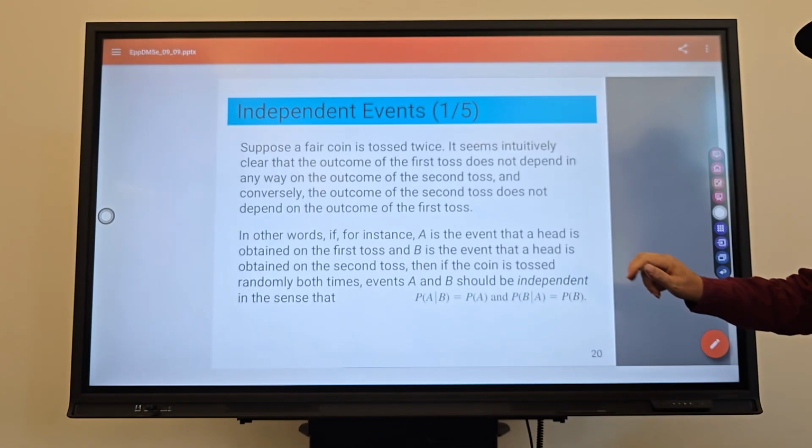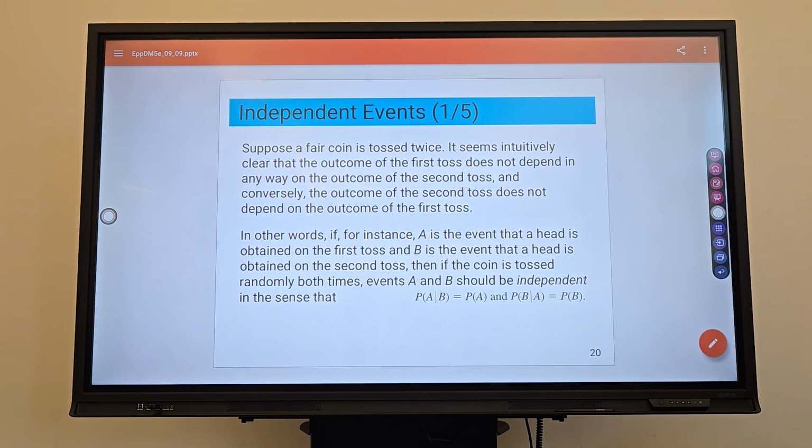Independent events. Suppose a fair coin is tossed twice. It seems intuitively clear that the outcome of the first toss does not depend in any way on the outcome of the second toss, and vice versa. For instance, A is the event that a head is obtained on the first toss, and B is the event that a head is obtained on the second toss.